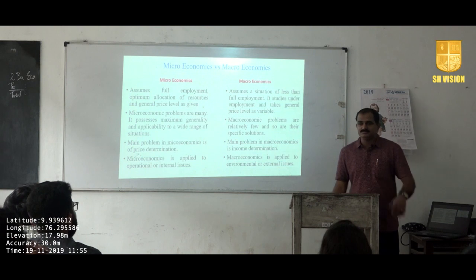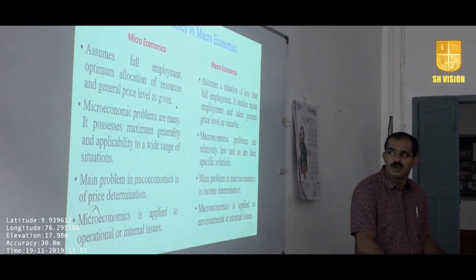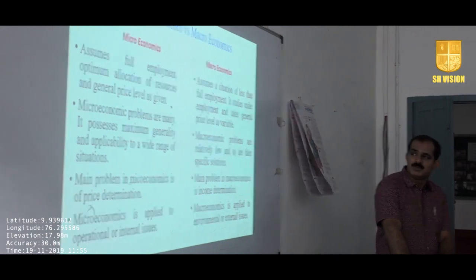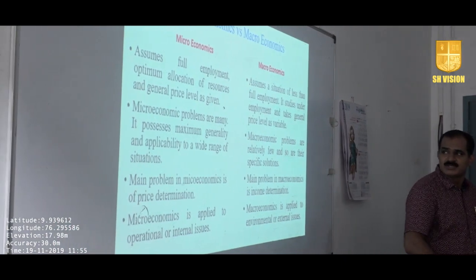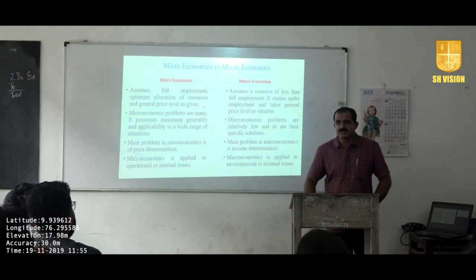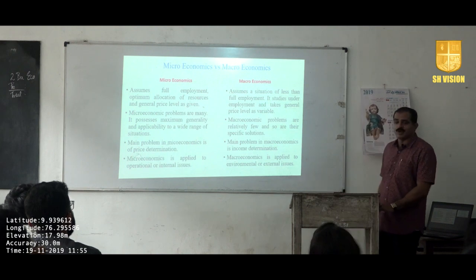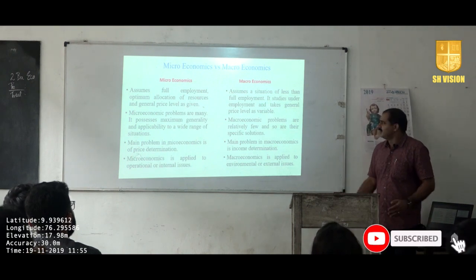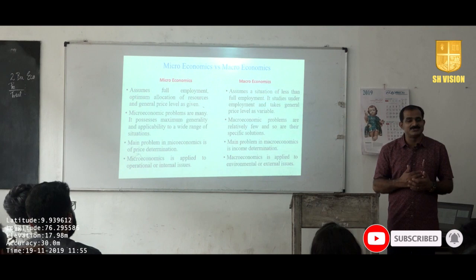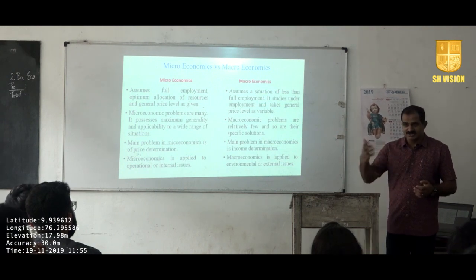Now again, more differences. Microeconomics assumes full employment, optimum allocation of resources, and that the general price level is given. And what happens in macroeconomics? Is there any full employment situation? Yeah, there is a less than full employment situation in macroeconomics. You may be knowing it, Keynesian theory.